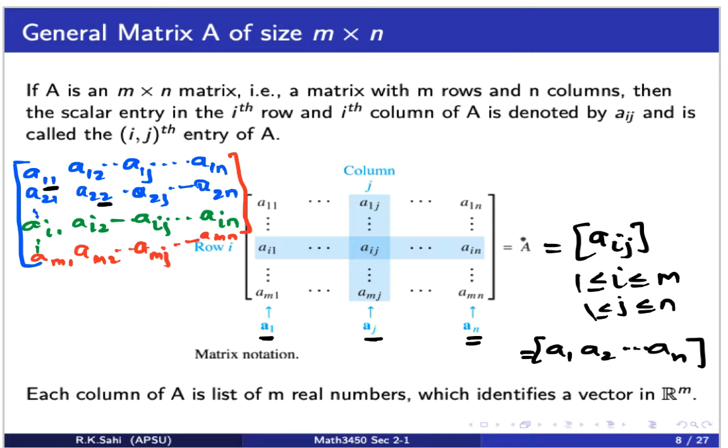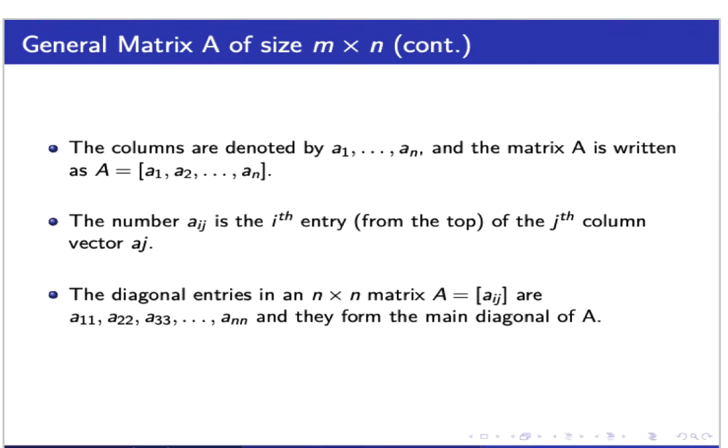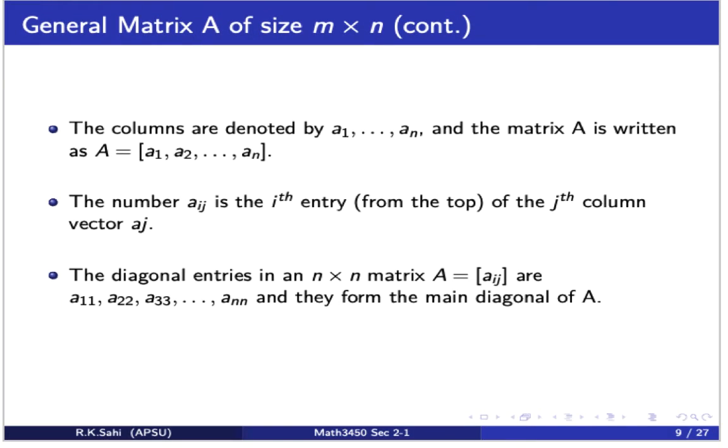A2 again is a column with m rows. Similarly An, the last column, has m rows. So we can identify every column as a vector in Rm. All this I just talked about is written in the next slide. So this was just general information about matrices.